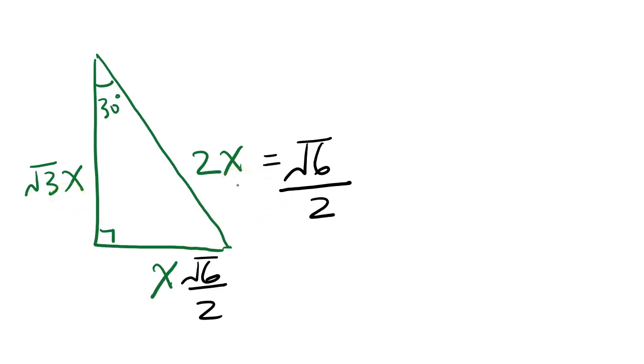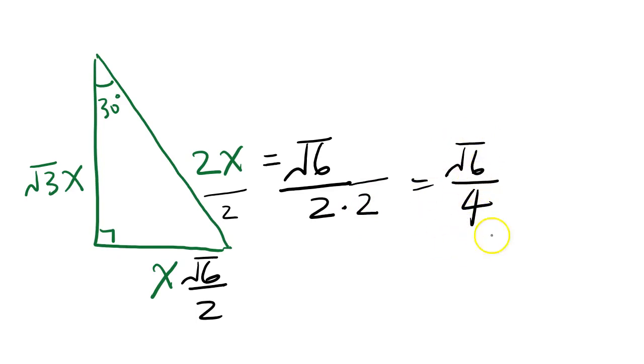So how do we solve for x? We would just divide 2 on each side. And on this side, when you divide by 2, you're just multiplying the denominator, and we're going to have root 6 over 4. But this, remember, is just x.